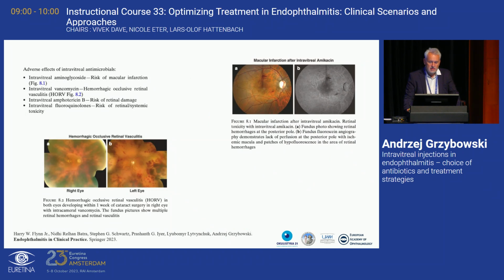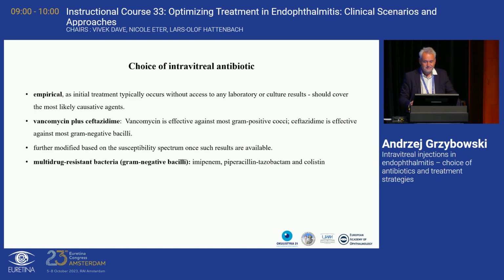They include, for example, for aminoglycosides, the risk of macular infarction, which we can see in the right upper part of this slide, after intravitreal amikacin. And this is pretty well known, the risk of vancomycin as hemorrhagic occlusive retinal vasculitis, shown in the lower left part of the slide.